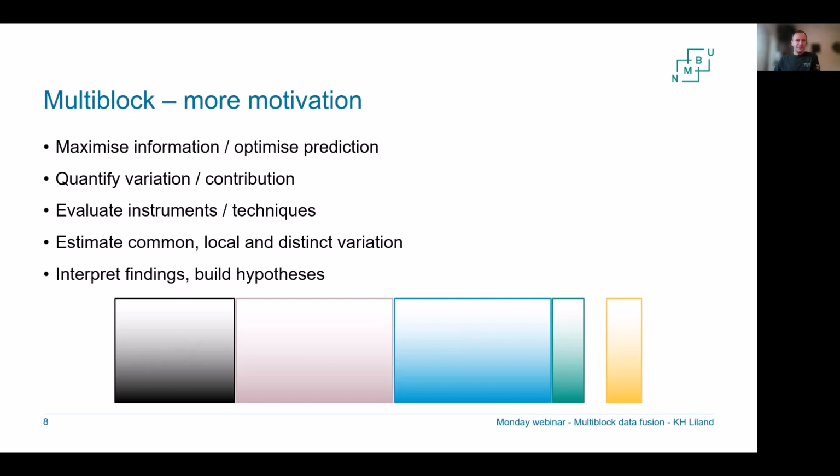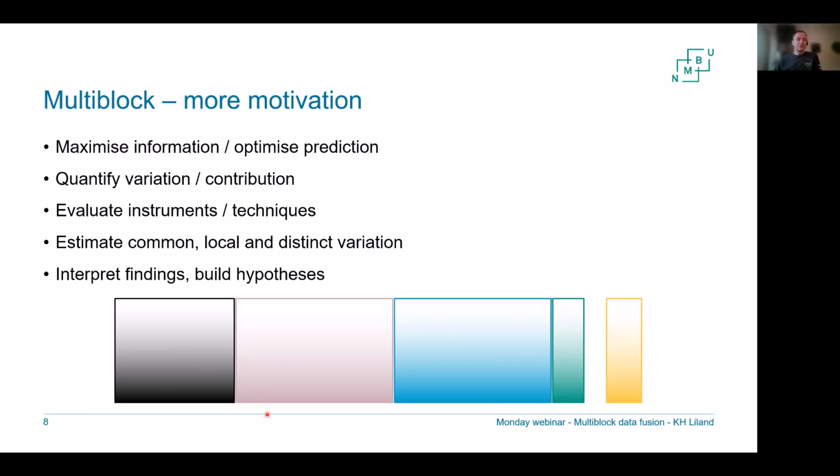And the final step in this one is interpreting findings, building hypotheses. So if we are pragmatic, we might say that, okay, instead of thinking of these as actually separate blocks, we can just merge them together and do our favorite analysis with partial least squares or PCA or something that is easily built, Tikhonov regression or ordinary regression for that sake. Maybe we'll get actually better predictions by just merging things together, at least if you keep the scale in mind when we merge these together.